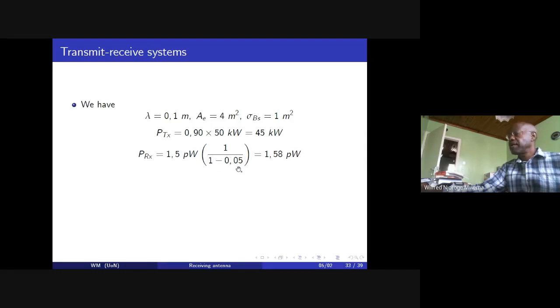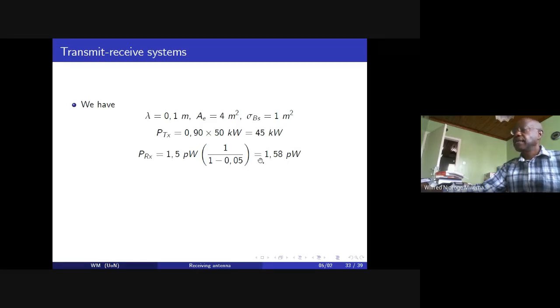Remember, we are not squaring this because we are talking about the power reflection coefficient, which is the modulus of gamma squared, where gamma, of course, is the reflection coefficient for the fields themselves. And this will give us a value of 1.58 picowatt.